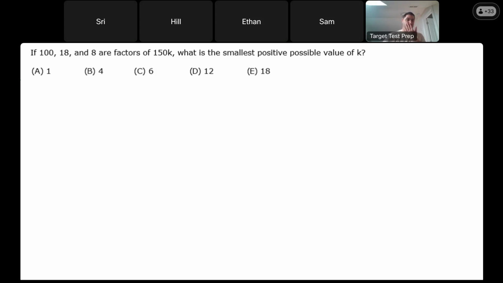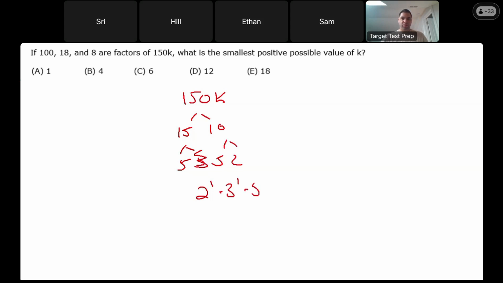All right, so what you need to do here, there's a couple different ways to do it. If you break down 150K into primes, you get 2 to the 1, 3 to the 1, 5 to the 2. And then you need to know, K is the missing link, right?